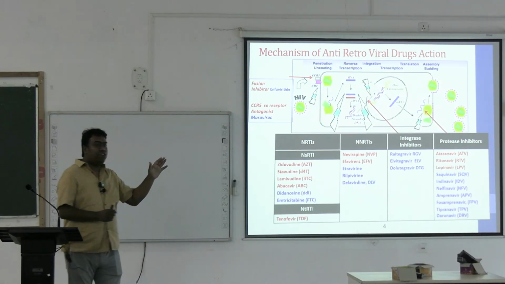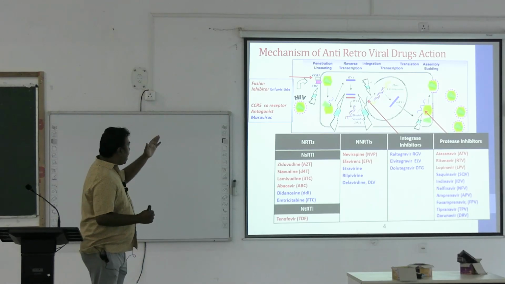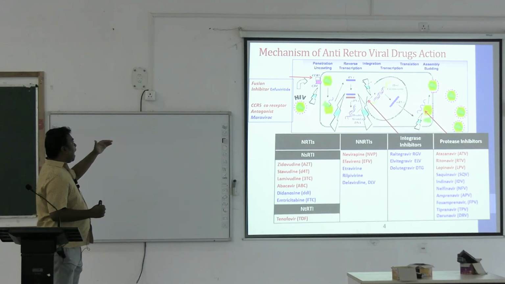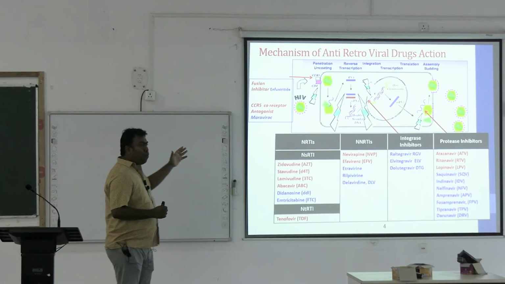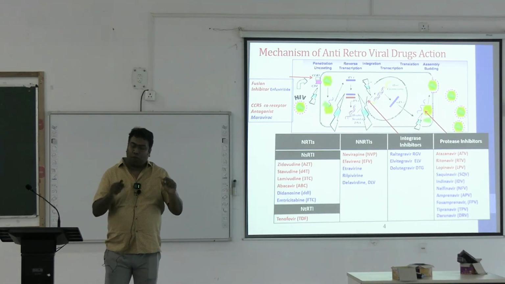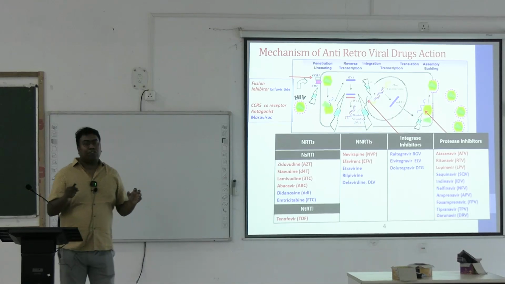That is inhibited by maraviroc. So two classes of drugs: one is enfuvirtide, the fusion inhibitor, and the CCR5 co-receptor antagonist maraviroc, for MCQ purposes and for classification of antiretroviral therapy.